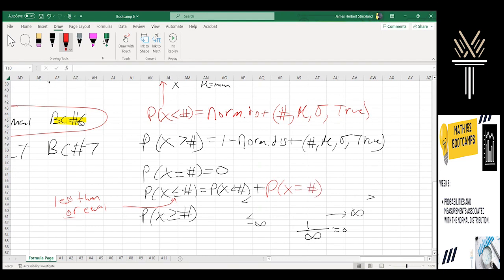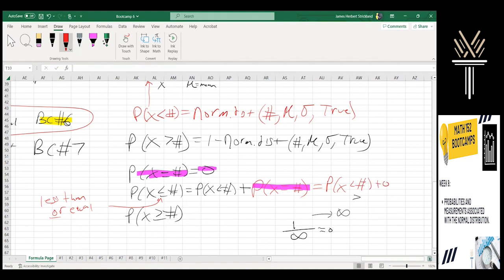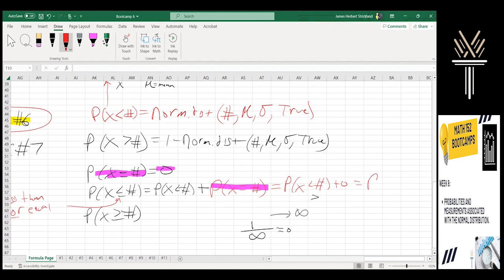But we just said that equal to is 0. So this is nothing more than saying the probability of X is less than that number plus 0. And anything plus 0 is that thing. And so it's the same thing as X is less than the number. So when we say less than or equal to, for normal distributions, it's the exact same thing as just being less than.